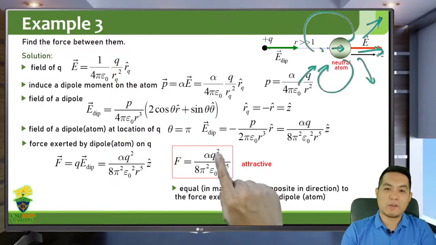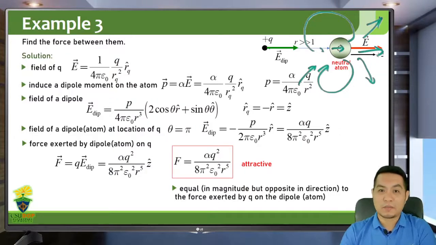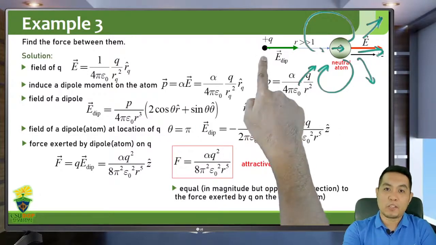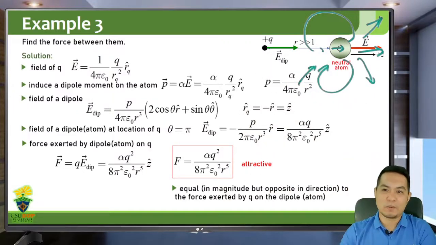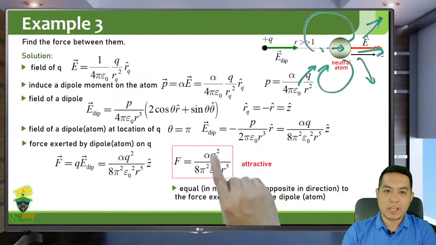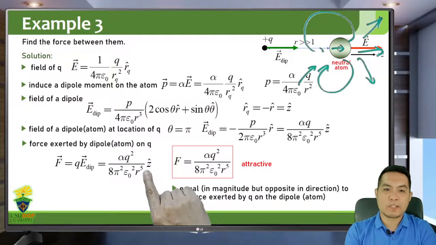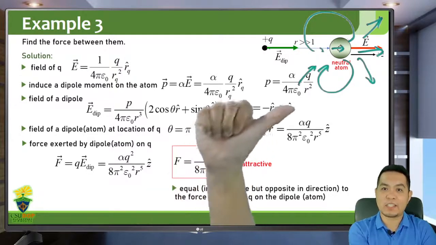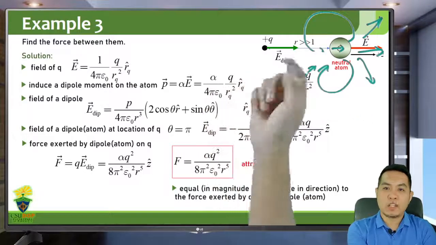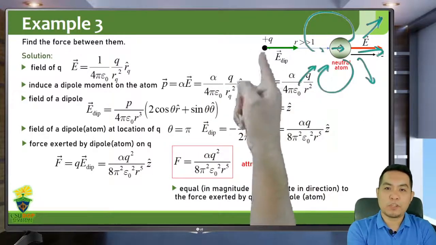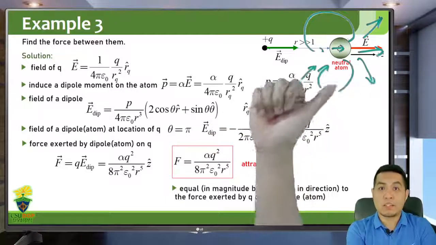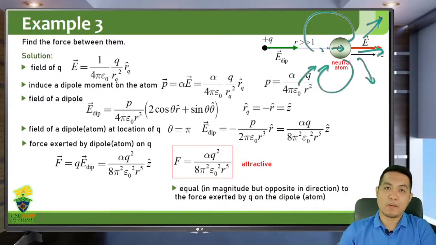We will try to verify these results by solving the force exerted by the point charge Q on the dipole. So take note here, the force exerted by the dipole on the point charge Q is along the z hat direction, so in this direction. So the dipole will pull the point charge towards it. So it's an attractive force.